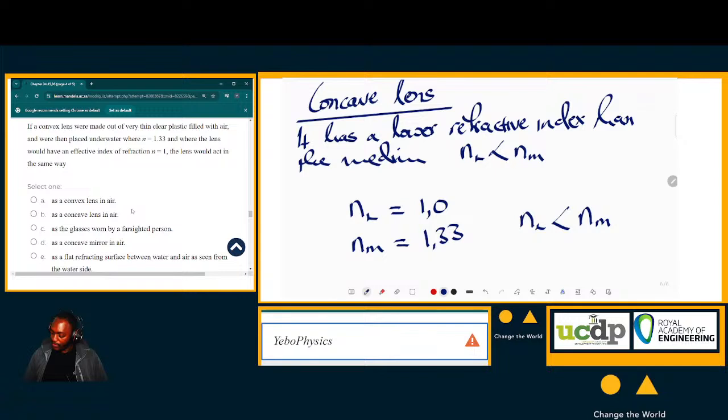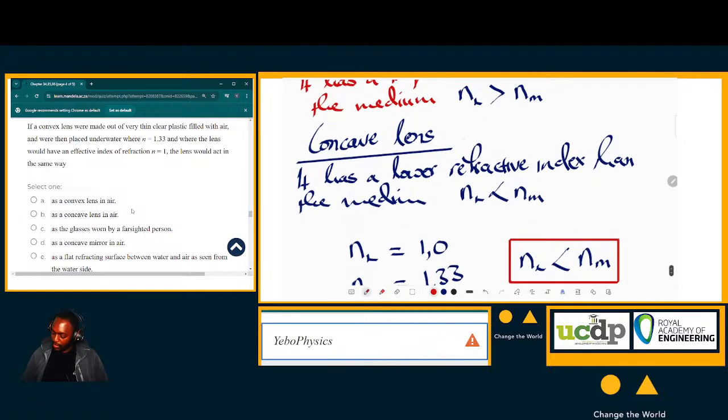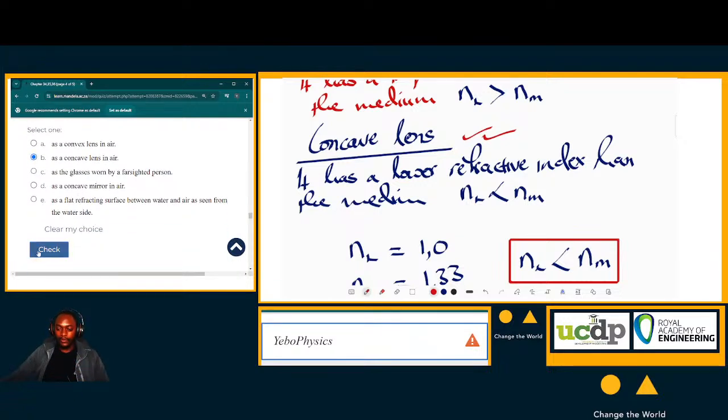If you look at this relationship, it matches the definition of a concave lens, which means that this convex lens, when placed in water, would act the same way as a concave lens in air.